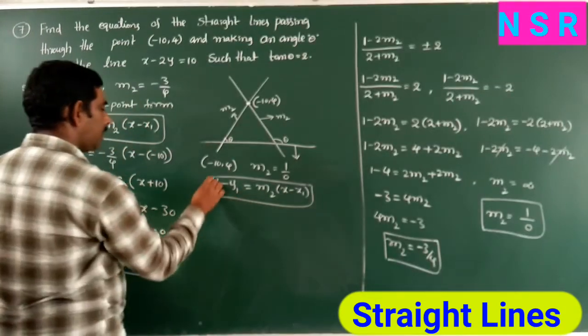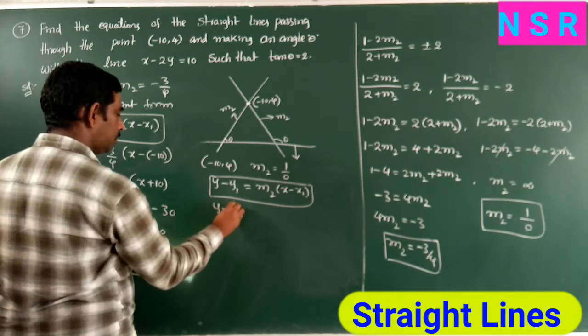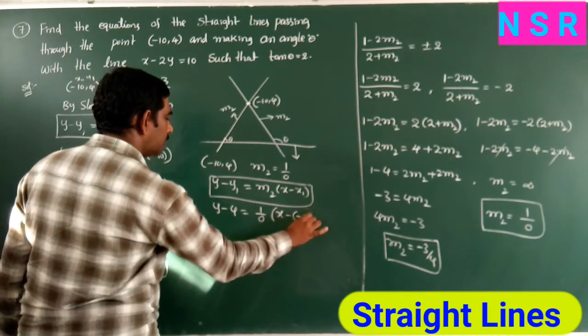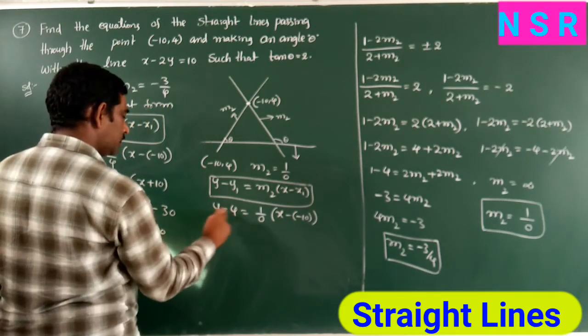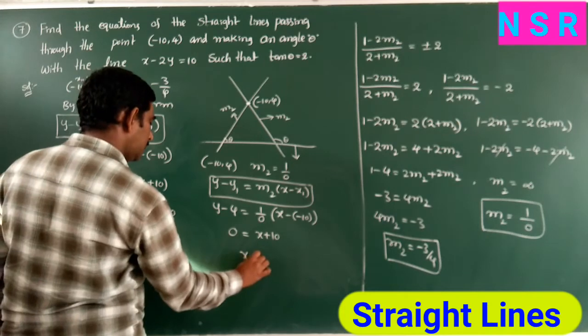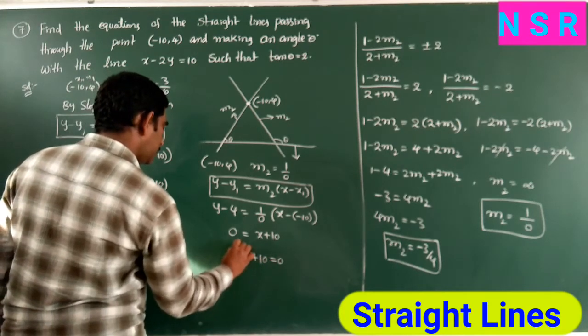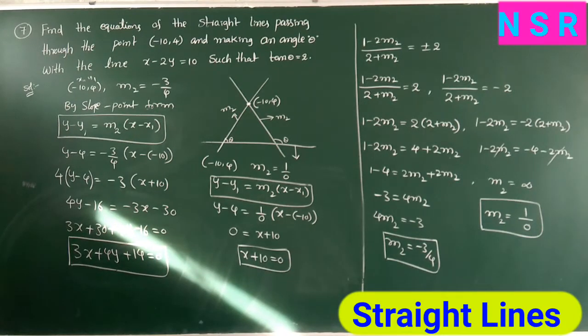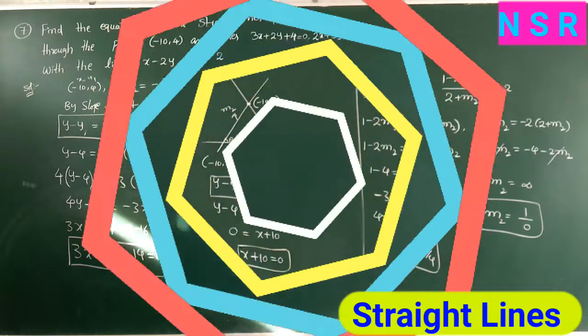Now substitute the values: y − 4 = 1/0 (x − (−10)). So 0 multiplied gives 0 = x + 10. Now x + 10 = 0. So this is our second line. So by using the slope point form, we find the two straight line equations.